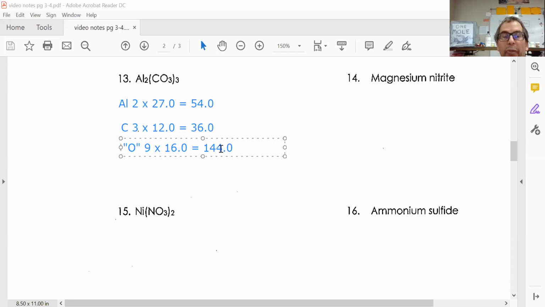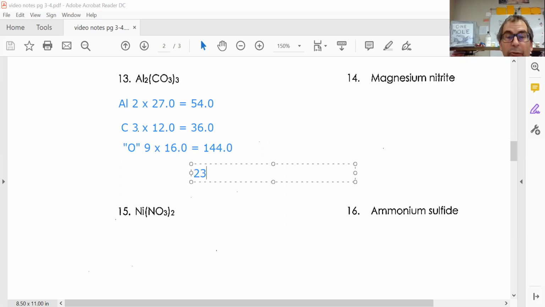And what do I have? 144 plus 36 plus 54. And I think this is going to be right. Let's try this. I'm going to say 234 grams per mole right there.